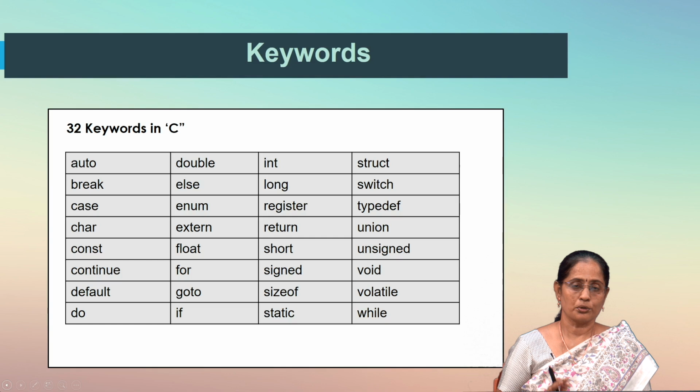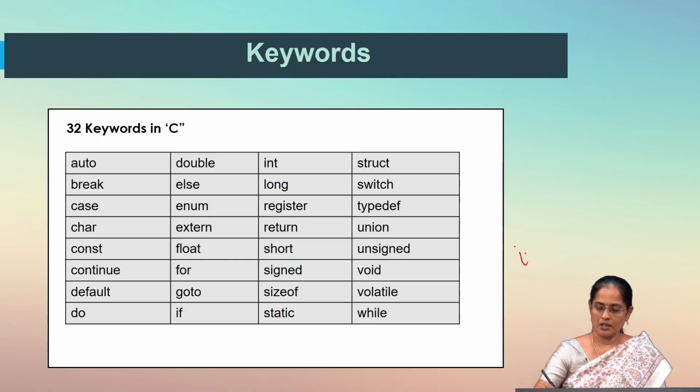These 32 keywords are frequently used in any C program, and each is reserved for some meaning and some statements. Say for instance, when I take int as the keyword, int is a keyword which is used for defining a variable which is of integer type.